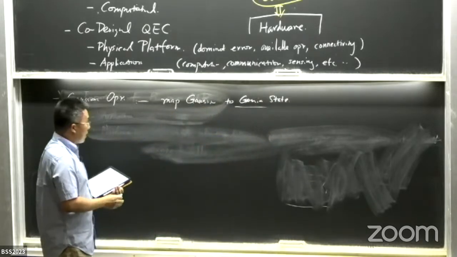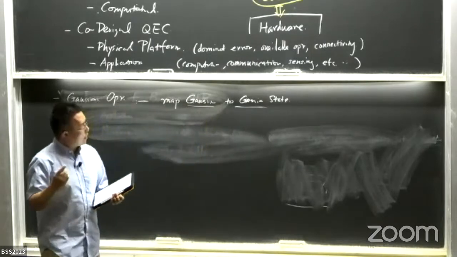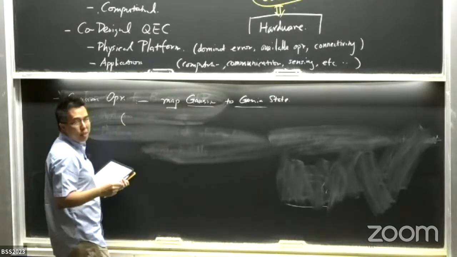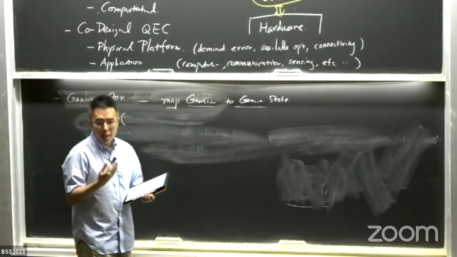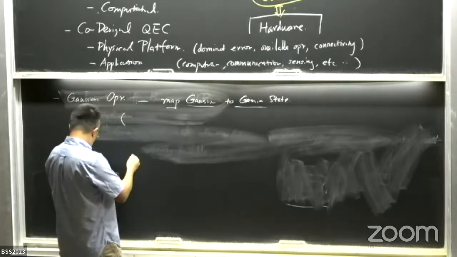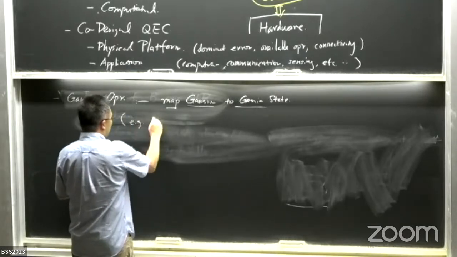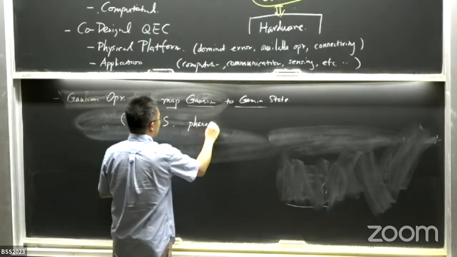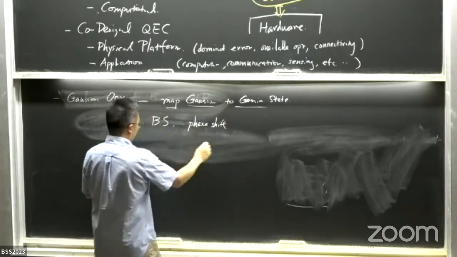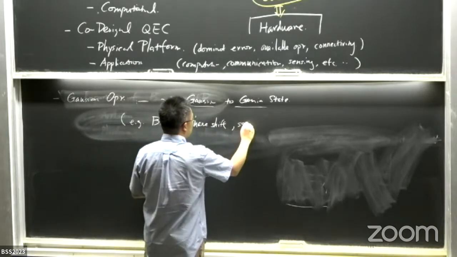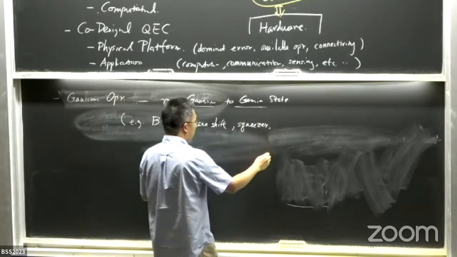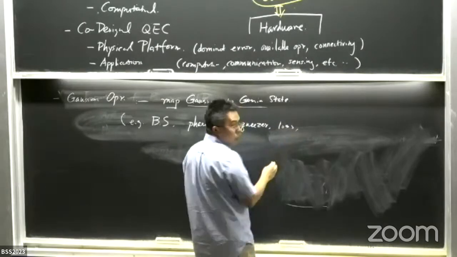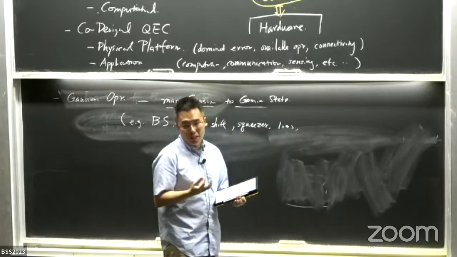This is the operation which typically can be achieved by linear and quadratic Hamiltonians for the bosonic modes. Examples of Gaussian operations include beam splitters, phase shifters, even a squeezer, and also a loss channel, which is not a unitary, but it preserves the Gaussian nature of a state.